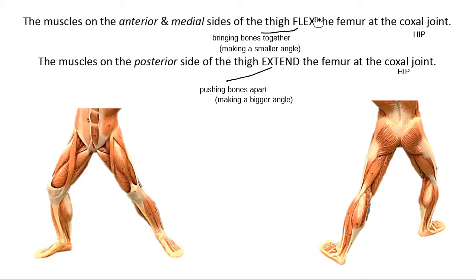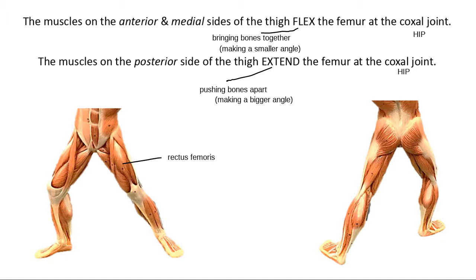They flex the femur at the hip joint. New note card: muscles on the posterior side of the thigh, what do they do to the femur at the hip joint? They extend it.